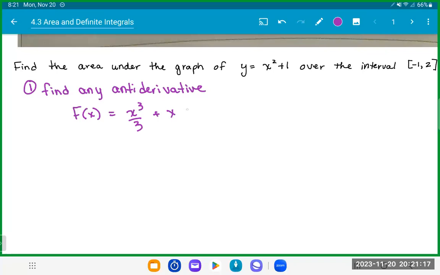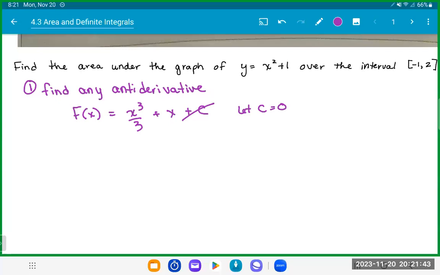In the previous section, remember we would have that plus C out there. But we're going to let C equal 0, and thus we'll just cross that part off. Okay, so now our function is x cubed over 3 plus x.